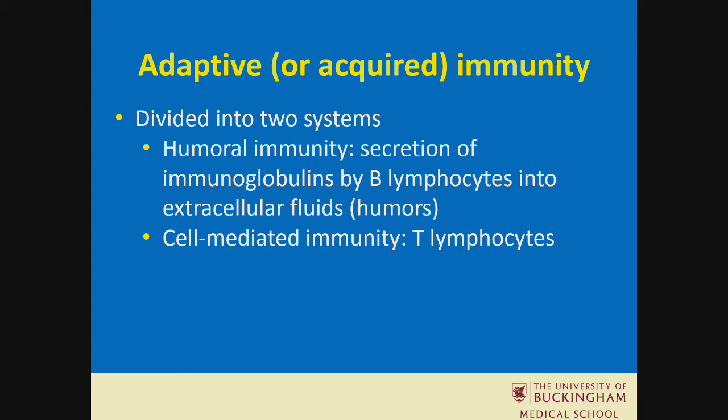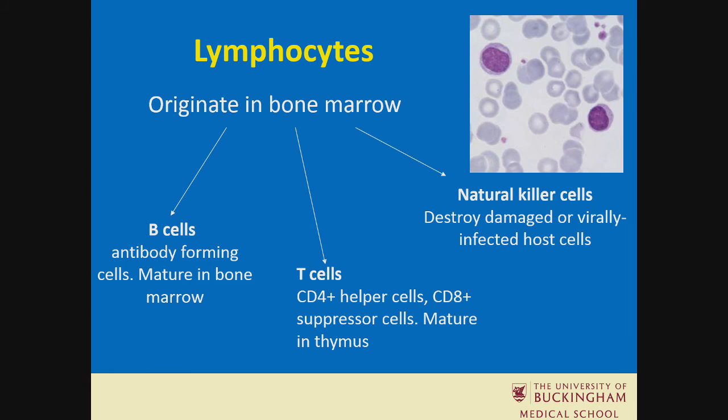And then the main effector of cell-mediated immunity is the T lymphocyte. Again, there is crosstalk with B cells and indeed the innate immune system, which can prime subsequent reactions or responses to immune challenge. So all lymphocytes originate in the bone marrow.